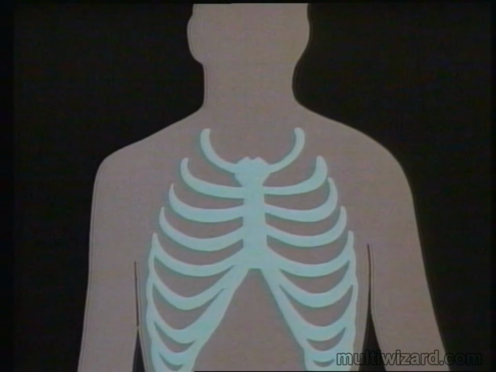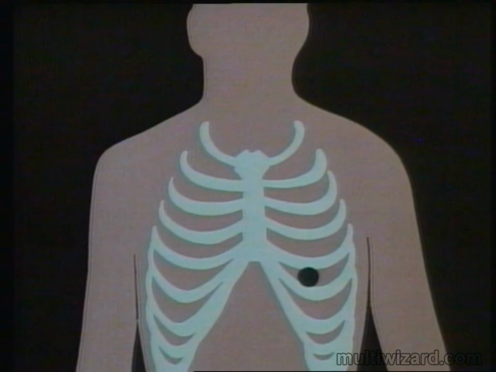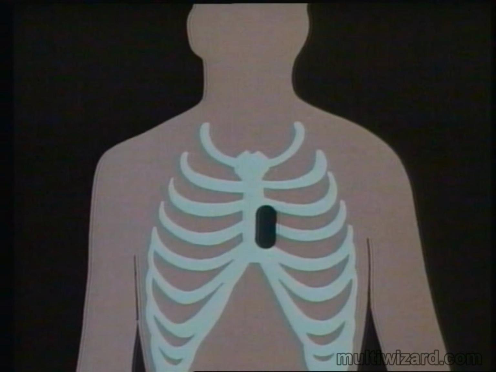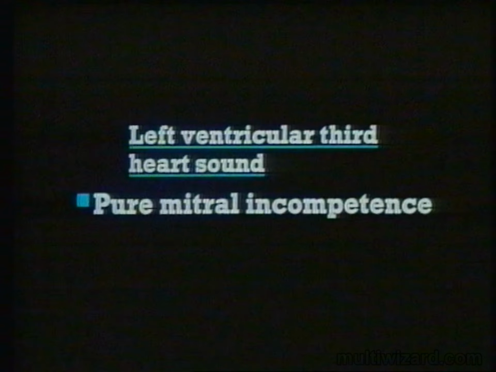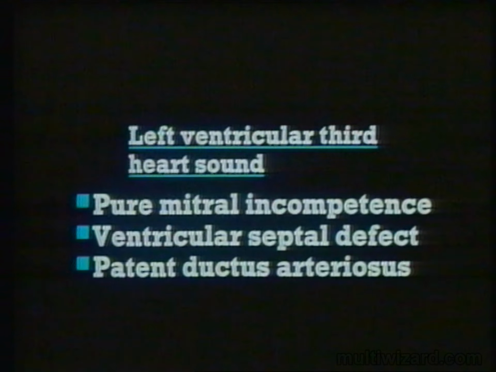Abnormal third heart sounds may be of left ventricular or right ventricular origin. A left ventricular third heart sound is best heard at the apex, and a right ventricular sound at the left sternal border. Common pathological causes of a left ventricular third heart sound include pure mitral incompetence, ventricular septal defect, and patent ductus arteriosus.